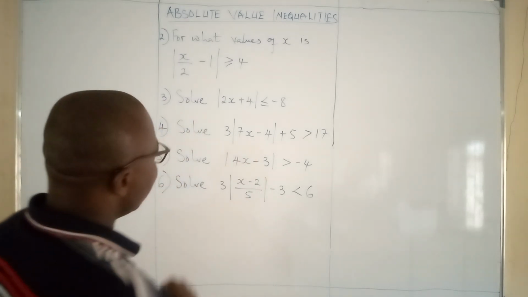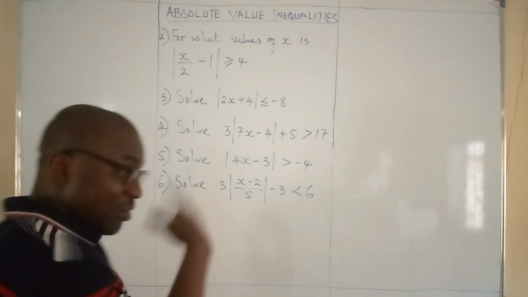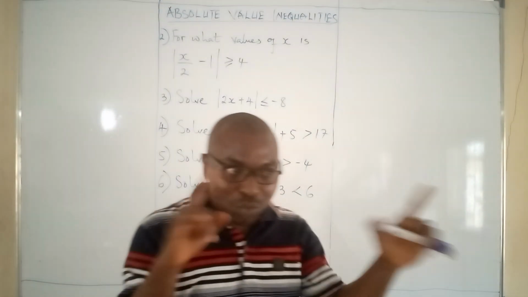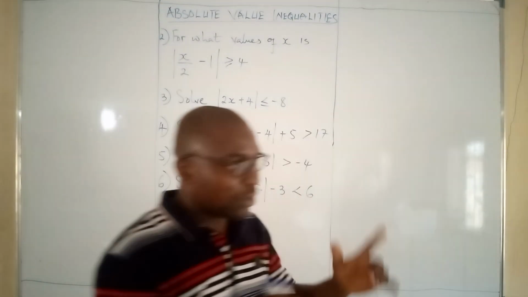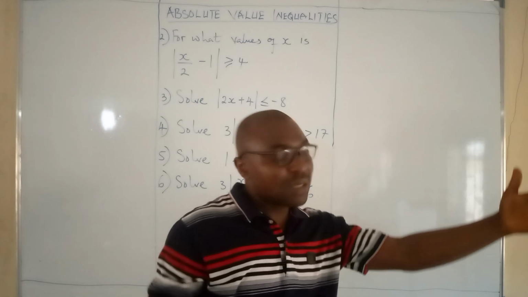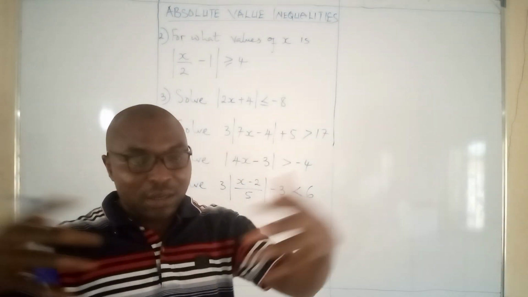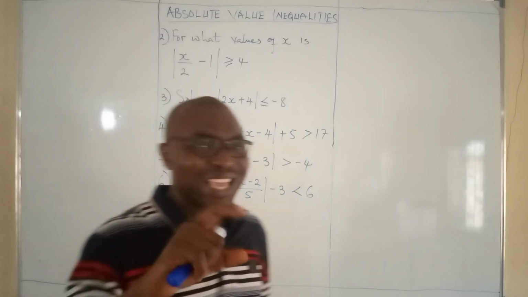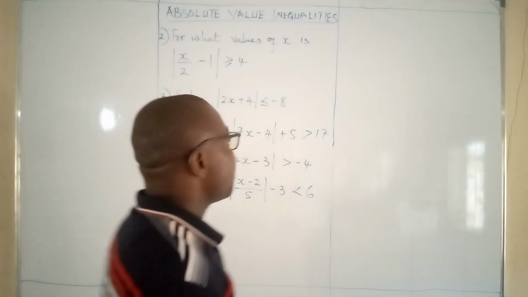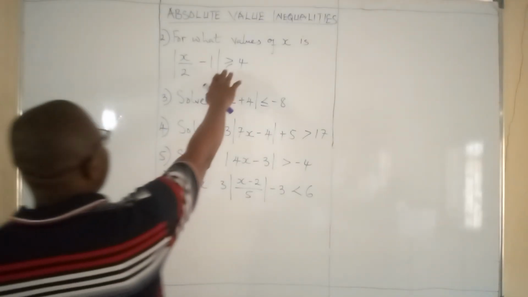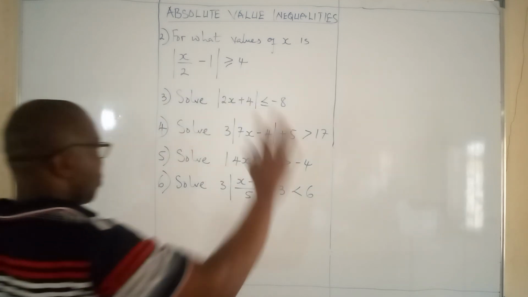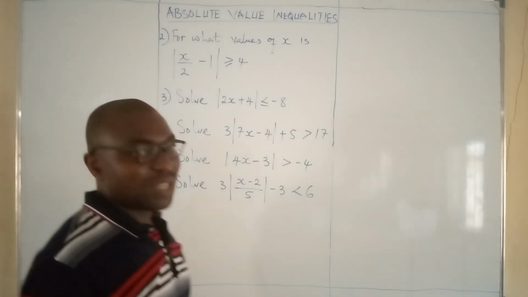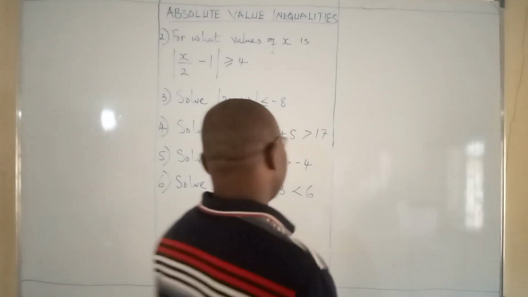But I also said you can solve it, and when you arrive at your answer, you check the two answers. Is it possible for the answer to be this and at the same time this other way? Then that will enable you to know if you should use the word OR or the word AND. So for the fact that it is greater than or equal to, it means we'll use the word OR. But if you don't know it, just solve, leave a little space. At the end of the day, you decide.